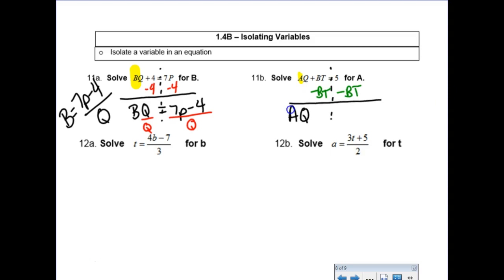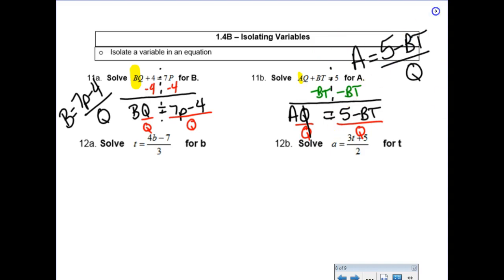So I have a times q equals 5 minus bt. And then almost home free, I'm just going to solve for a by dividing by q everywhere. So these cancel, and I end up with a equals 5 minus b times t, all of it over q.